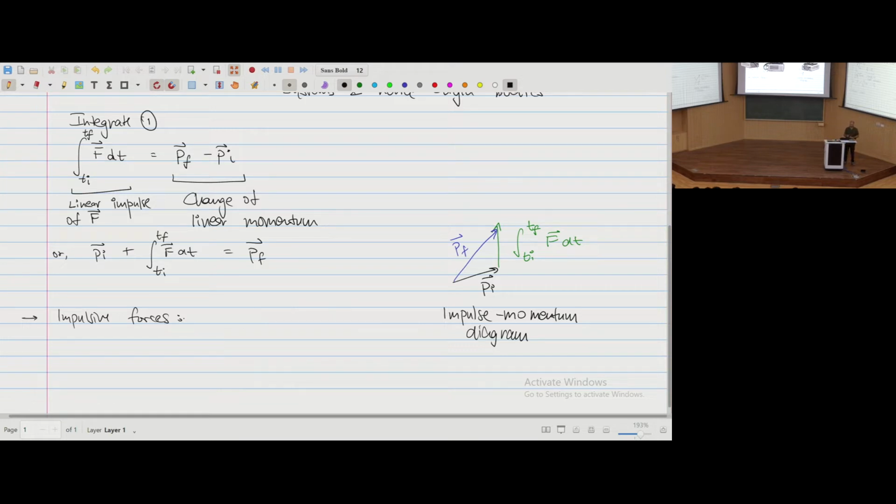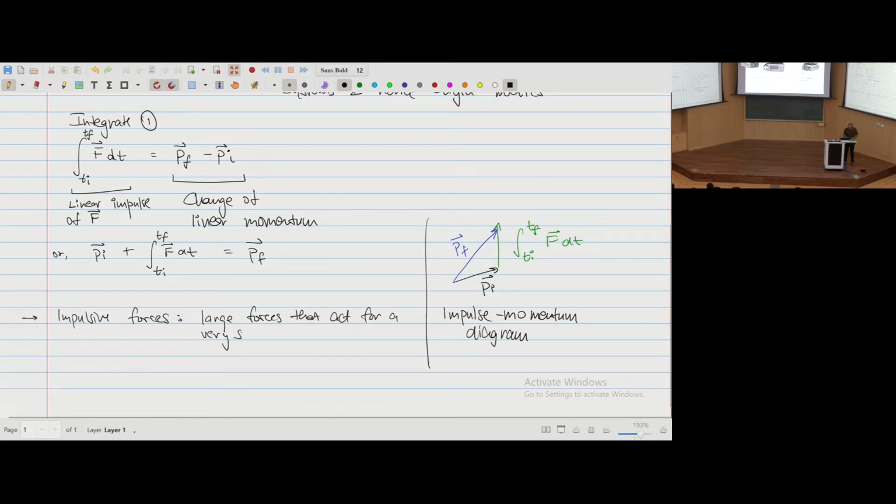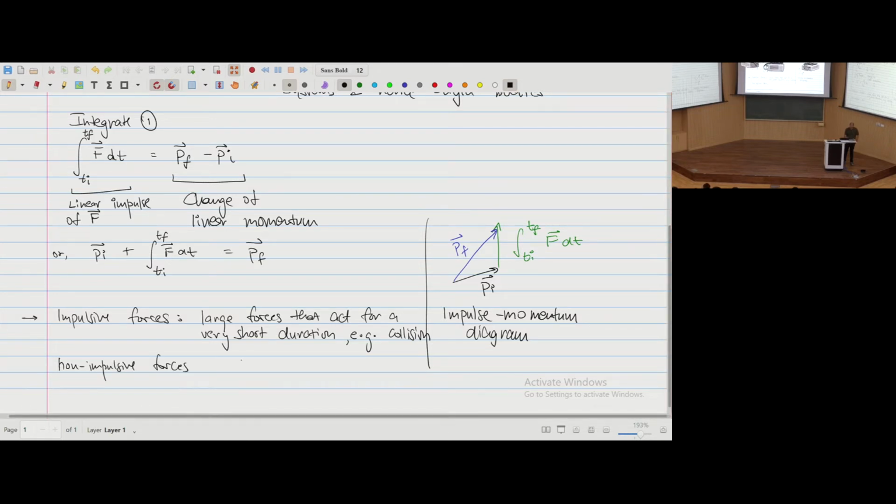These kinds of forces are called impulsive forces. You can figure out what non-impulsive forces are.